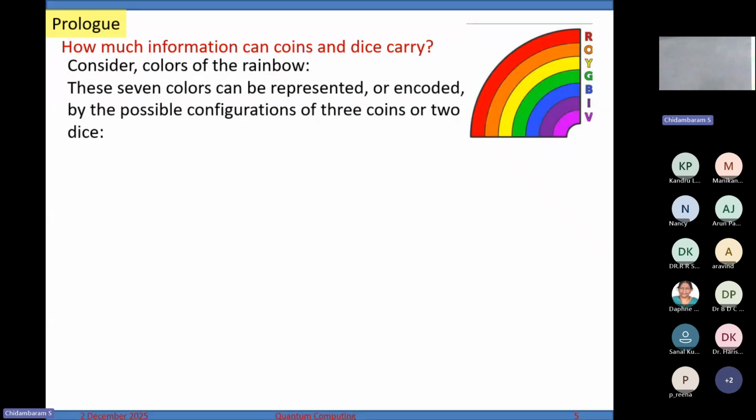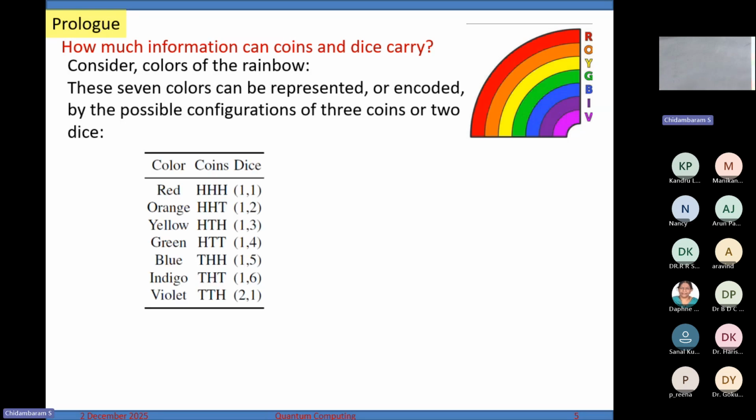Morning sir was mentioning various RGB values. So imagine that we are encoding these values by the possible combinations of either coins or dice. So I have all the colors of VIBGYOR: red, green, orange, yellow, blue, indigo, all 7.